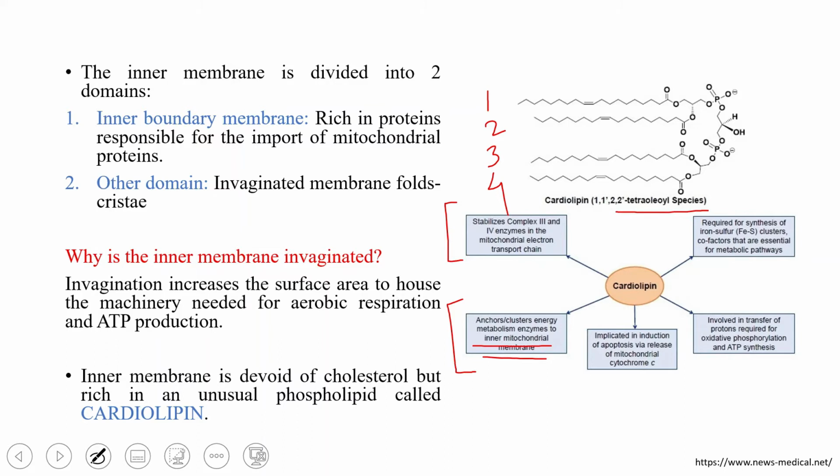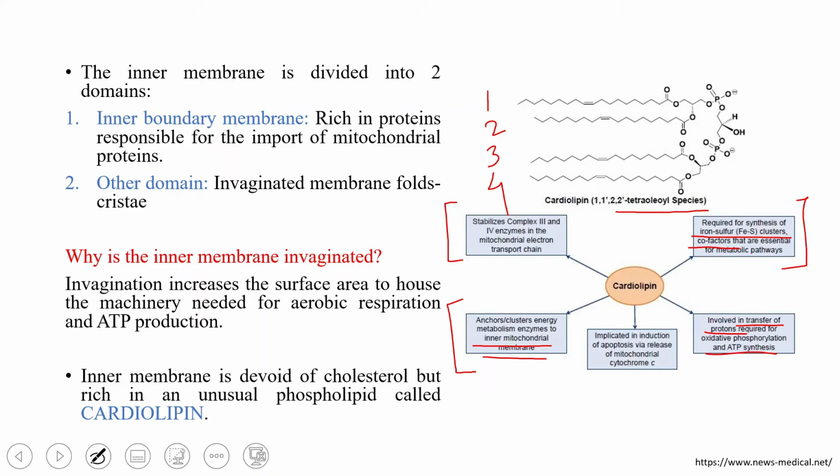Cardiolipin is also required for the synthesis of iron sulfur clusters and certain cofactors which are required for these metabolic pathways, that is the TCA and electron transport chain. Further, it is involved in the transfer of protons which is required for ATP synthesis.